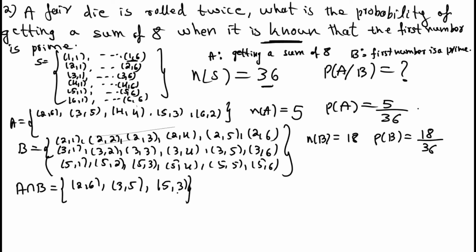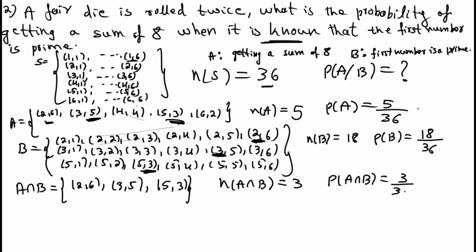So only 3, right? 2 6, here you can find 2 6. Then 3 5, here 3 5 is there. Then 5 3, here you can find 5 3. N of A intersection B, here you can see it's equal to 3. Then probability of A intersection B is equal to 3 divided by 36.